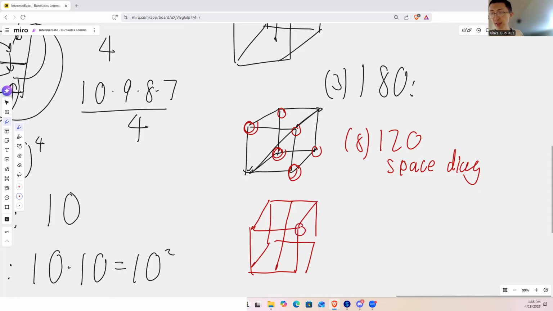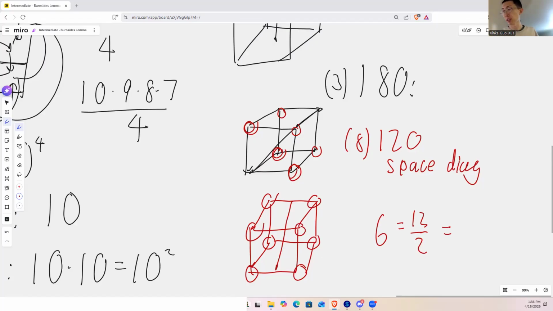That would send this to this, this to this, these two swap, and then this to this. So there's 12 edges, so 6 pairs of opposite edges. So 6 of these axes and 1 symmetry per axis. So there's 6 of these rotations.